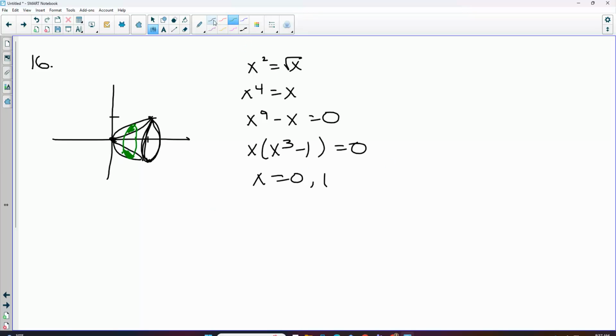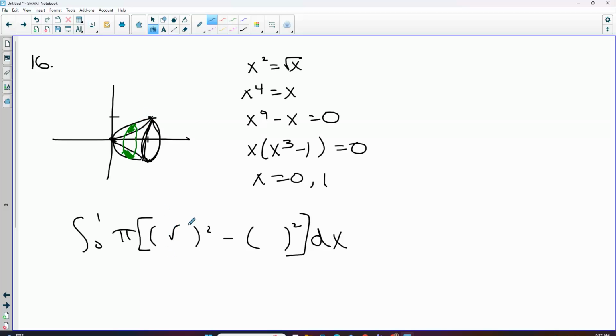So when we set these up, we already found we're going from 0 to 1, and we already said we're working in terms of x. So pi, since we have two circles, we do outside radius squared minus inside radius squared. So the outside one was my square root graph, that was the one on top. Inside one was my parabola.